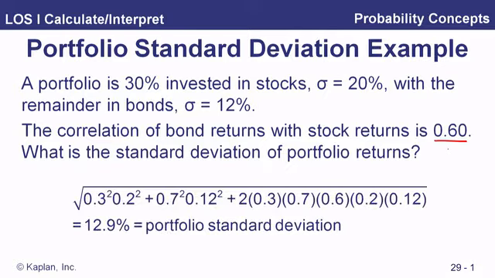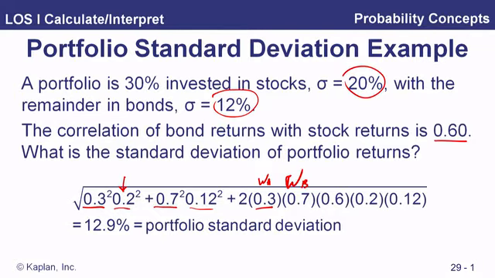And so we've got the weight in stocks squared. We've got the weight in bonds squared. We had to square our standard deviations, 0.2 and 0.12. And then we've got 2 times weight in A, right? That was weight in stocks here, weight in A in our formula.